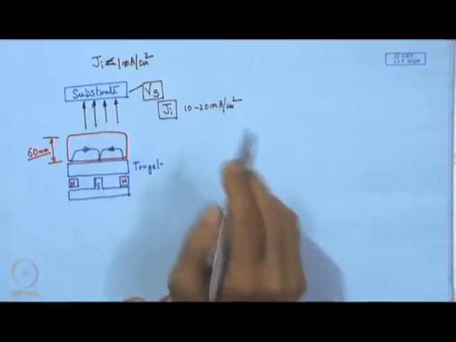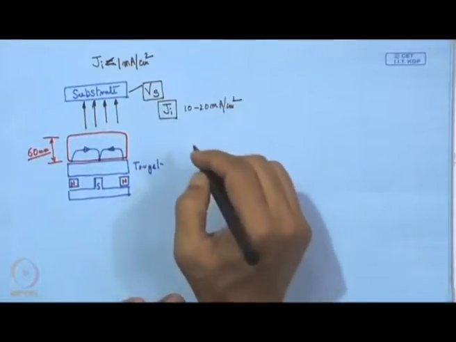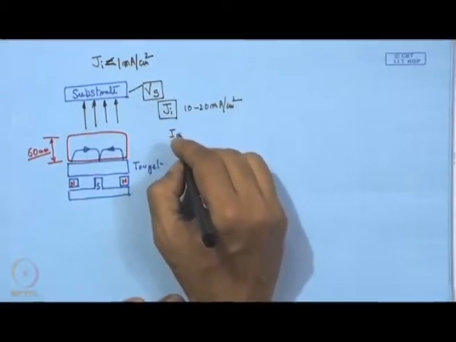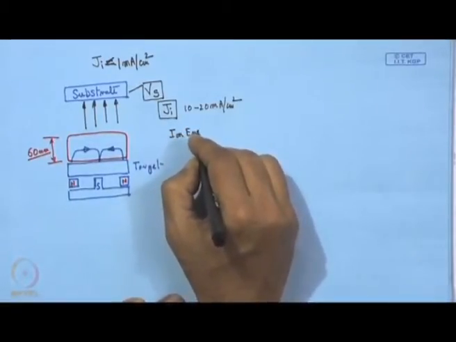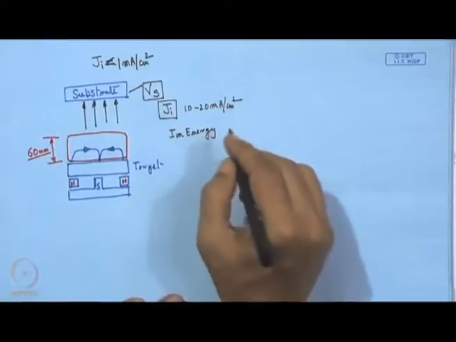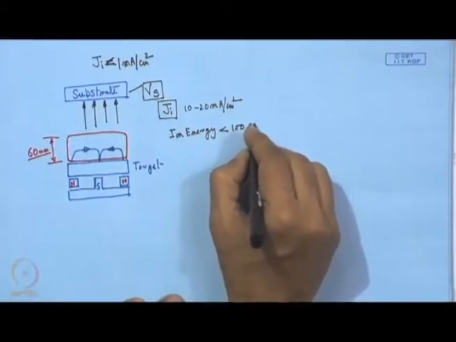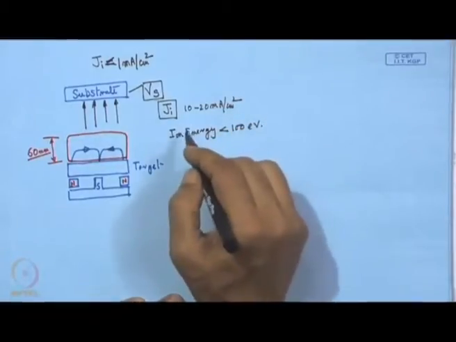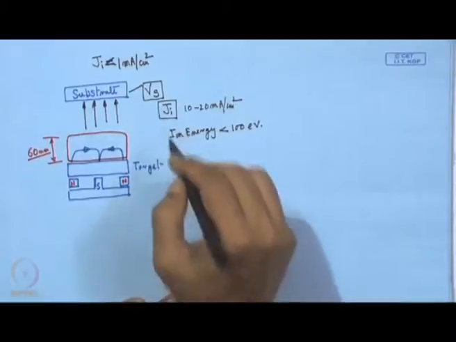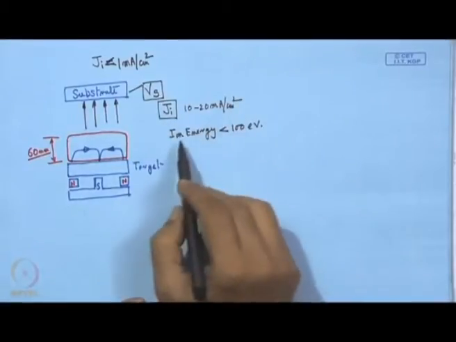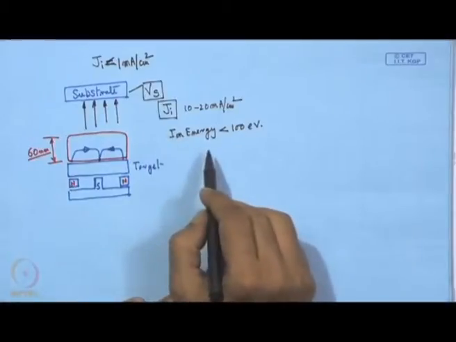At the same time, the ion energy should not exceed, say, 100 electron volt. So this is the order of the ion flux density and the ion energy.